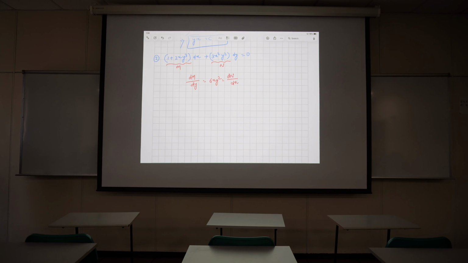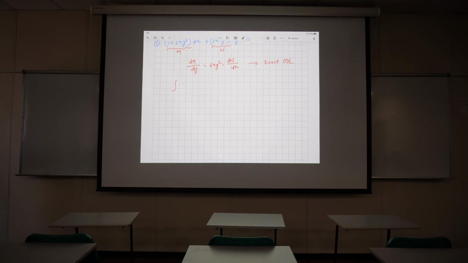Since they are equal, this is an exact ODE. If it is an exact ODE, then the next thing is you have to apply the solution method to solve it. How to do that?